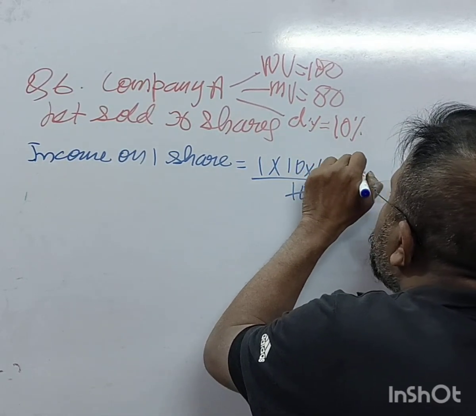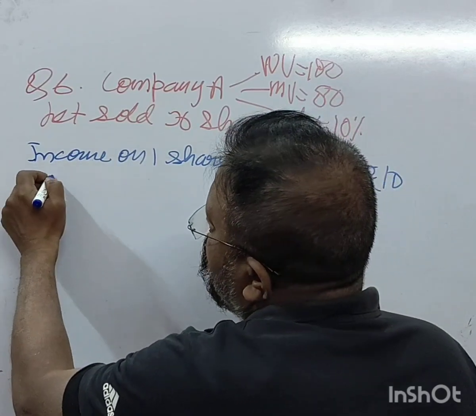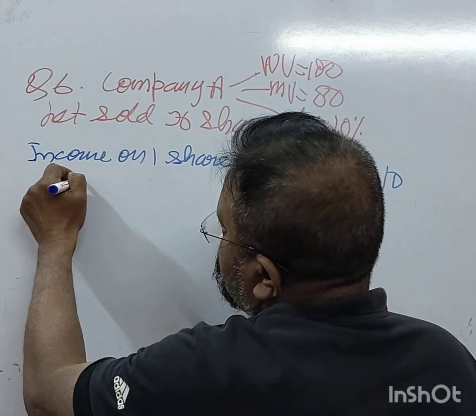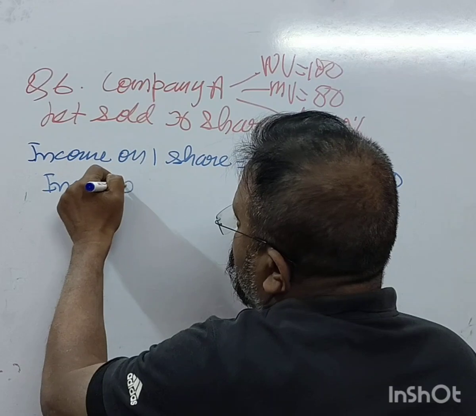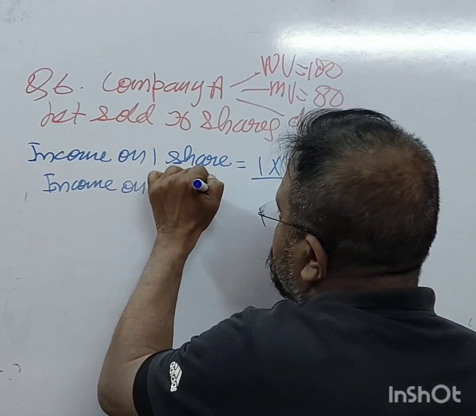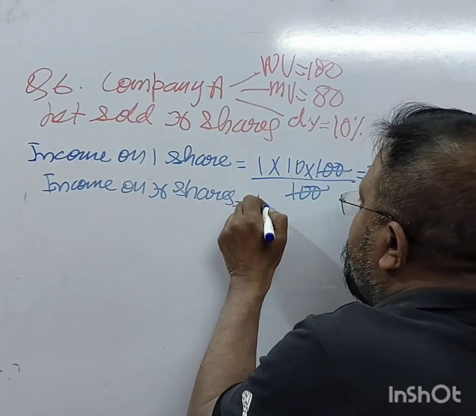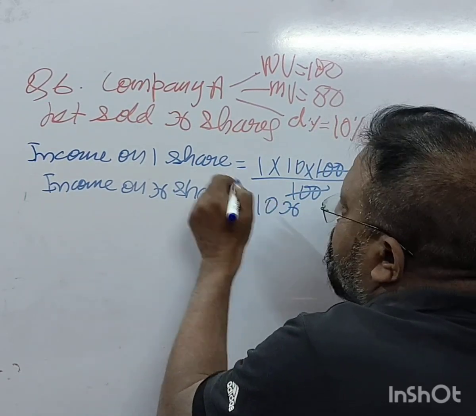It is cancelled out. It becomes rupees 10. So income on X shares is equal to 10x.